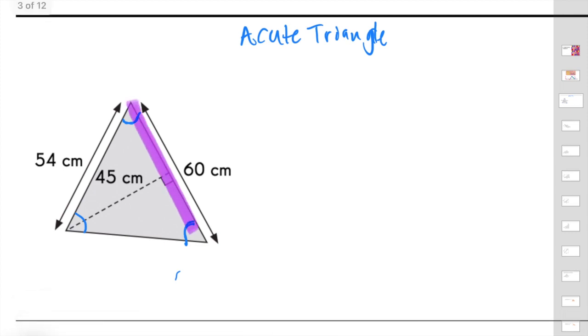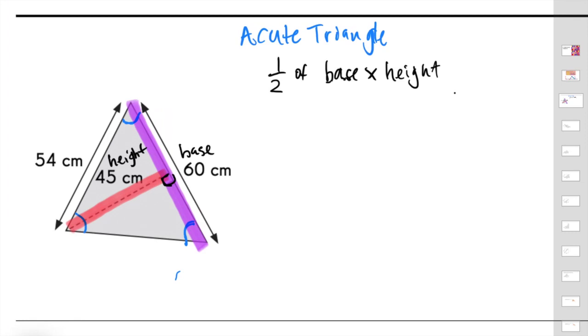But if we look at this side, 60 centimeters, do you see how we have this perpendicular line that forms that 90-degree angle down here with the base? That should be our base then. So our base is going to be 60 centimeters and our height is going to be 45 centimeters. So will you find the area of this triangle?